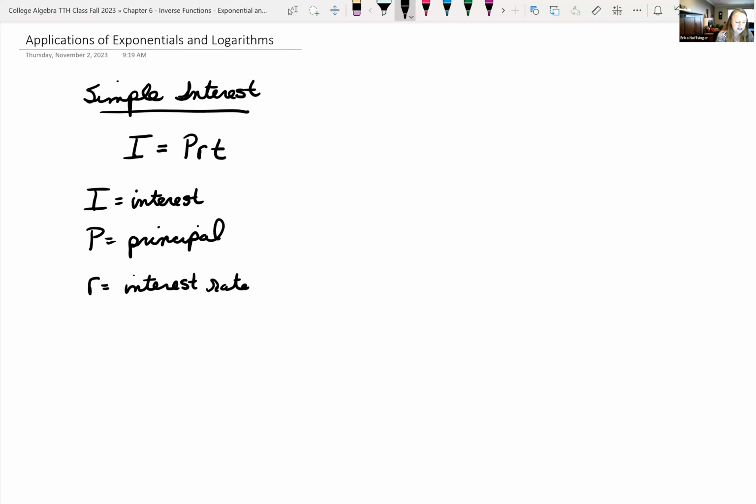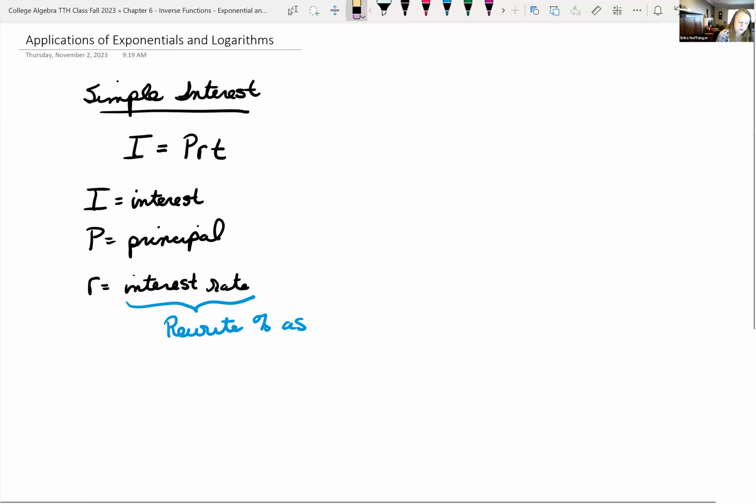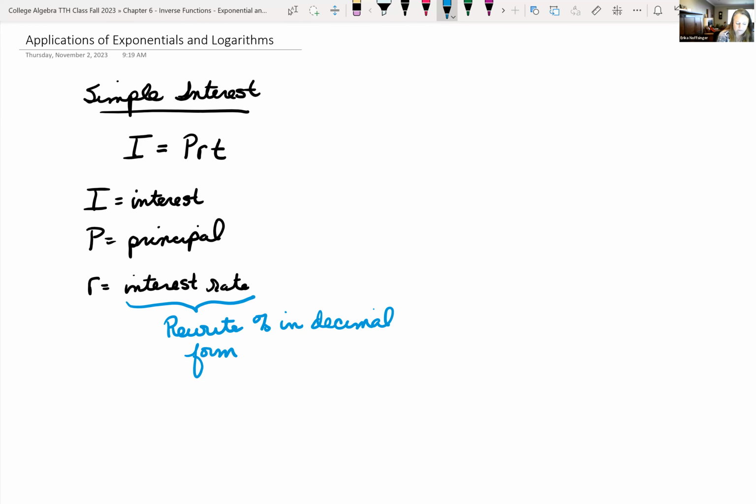So normally it's given to us as a percent. But when we're using our formula, we want to rewrite the percentage as a decimal. So rewrite percent in decimal form when using the equation.